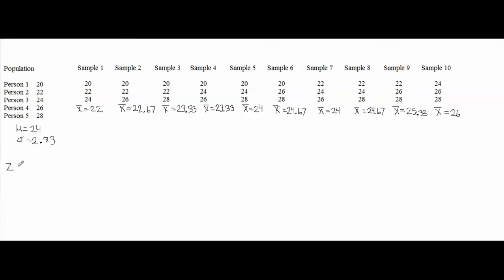So let me write out the formula right here. The z-score of a sample mean is z equals x bar, which is the sample mean, minus the population mean, over the population standard deviation, which is the sigma, over the square root of n, which is the sample size.